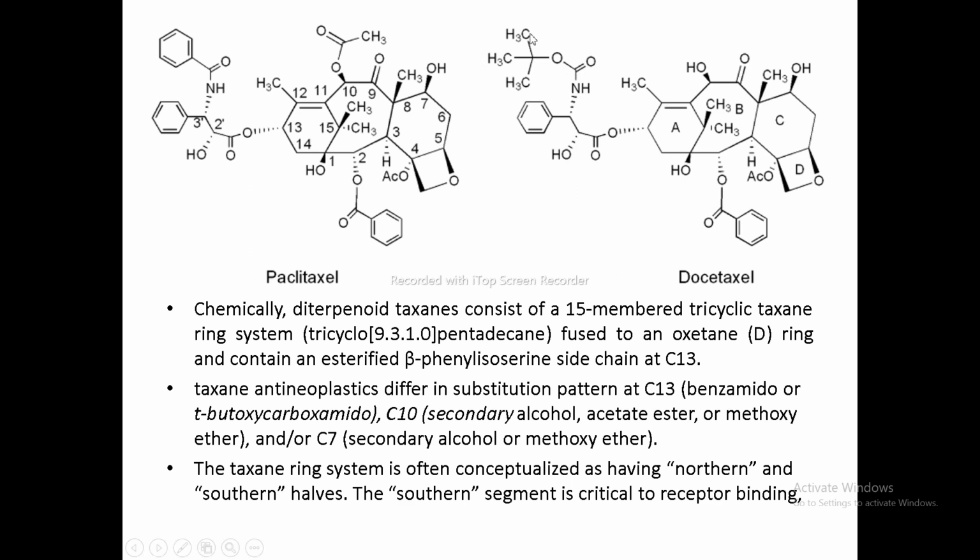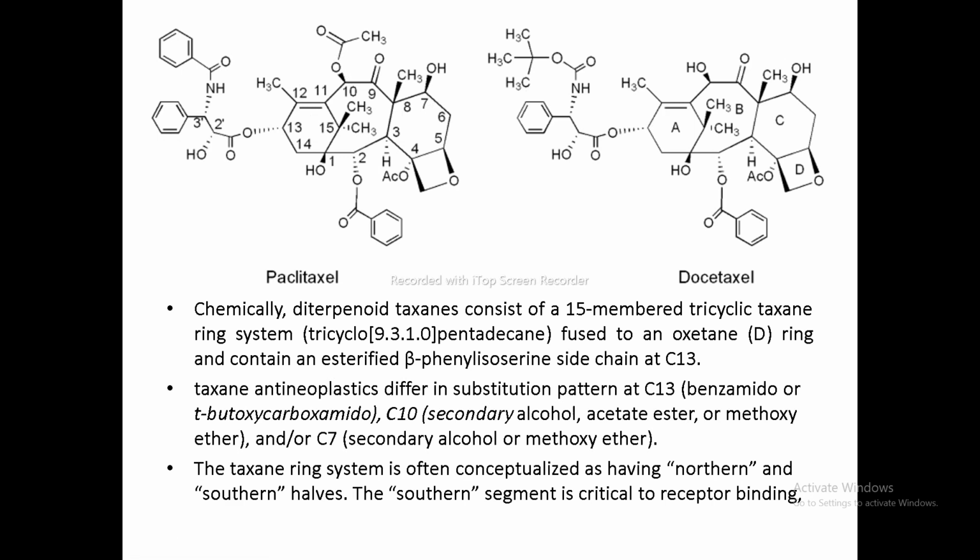Also, they differ at the C10 position. Either it is a secondary alcohol, or an acetate ester, or a methoxy ether. And also they differ at the C7 position. Either it is a secondary alcohol or a methoxy ether. So all these taxanes differ at the C13, C10, and C7 positions.